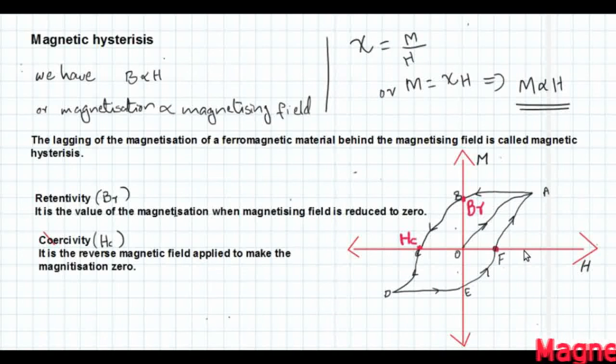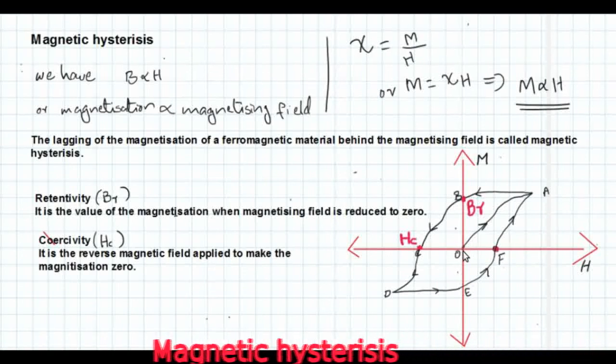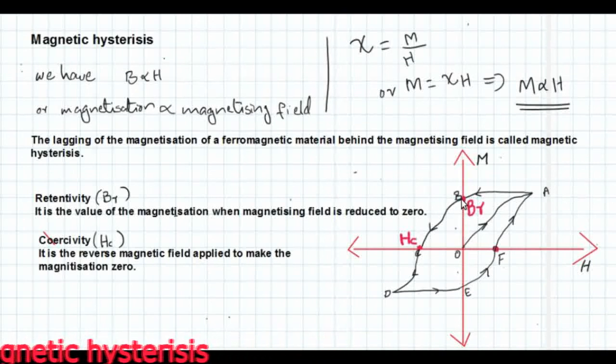So we are reducing the magnetizing field to 0, and still there is some value of the magnetization. That is called retentivity. Then what is the point HC? HC means we have reversed the magnetizing field, and at that time you can see that the magnetization is reduced to 0.